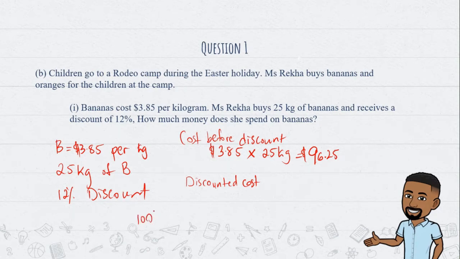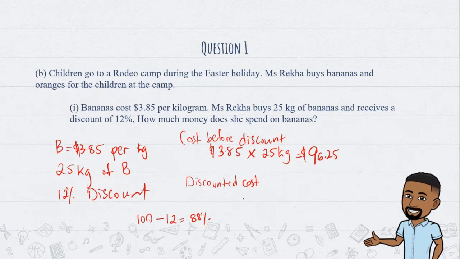Then we're gonna subtract from the 100% the 12% that you're deducting from the general cost of the item to give us the discount. So that's 100 subtract 12, and that gives us 88. So 88% of it is what you will pay.